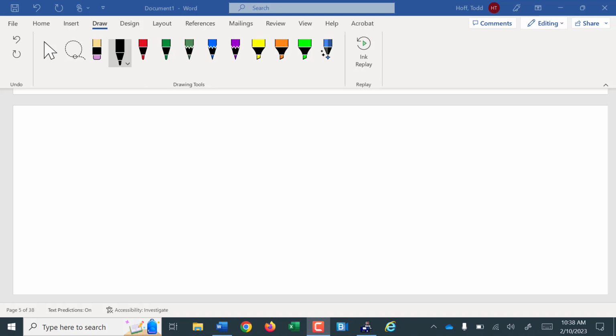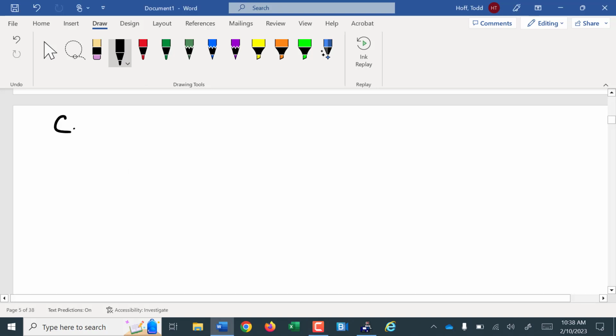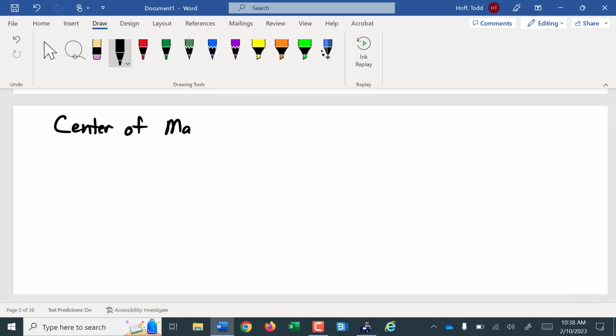So what we want to talk about is center of mass. And we're just going to talk about it in a one-dimensional sense here as being strung across a single beam.